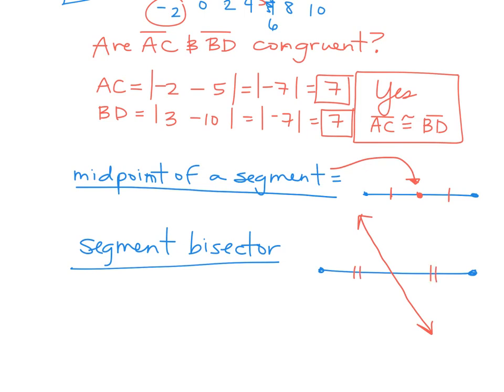So those are the same. This goes through the midpoint. A segment bisector would be that line or ray or segment that cuts through it. Okay? Both of them have a midpoint. It's just that one of them, the segment bisector, is going to be more than just the point. Okay?